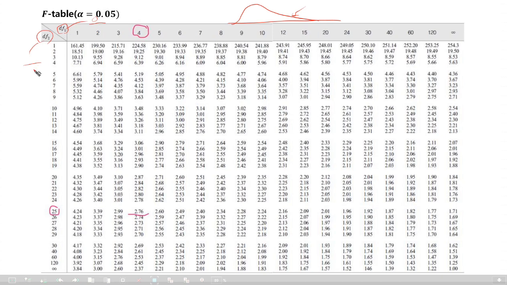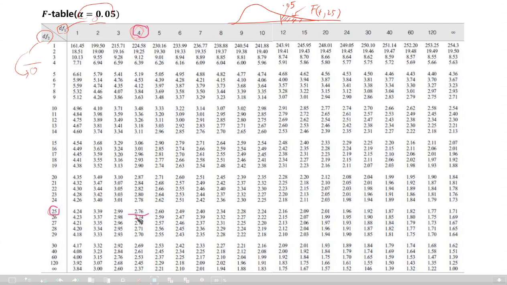DF2 is the denominator degrees of freedom, downstairs. We are looking at 4 and 25. For F with 4 and 25, the tail area is 0.05, alpha equal to 0.05.